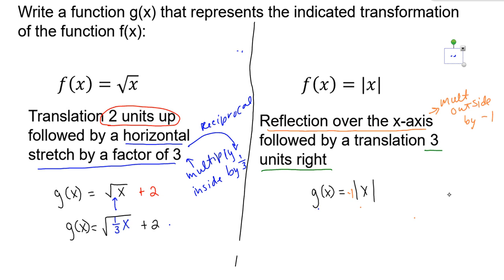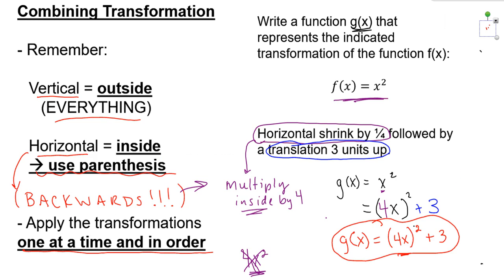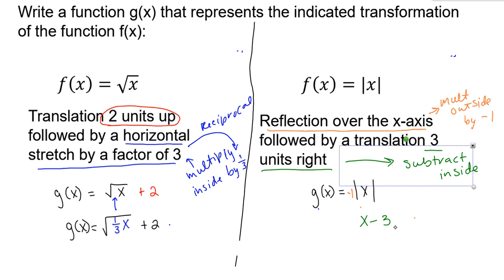If you look back at the cheat sheets, 3 units to the right. So horizontal shift right means you subtract it from x and you do that inside. So this means to subtract inside. So now our inside is going to look like this.